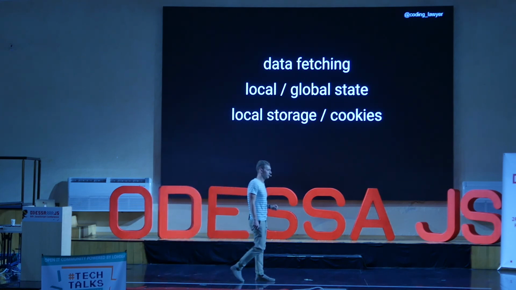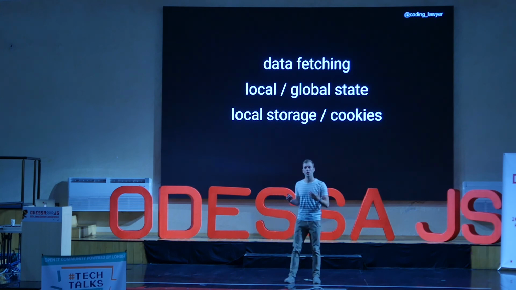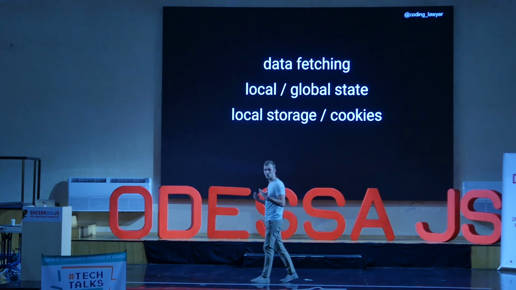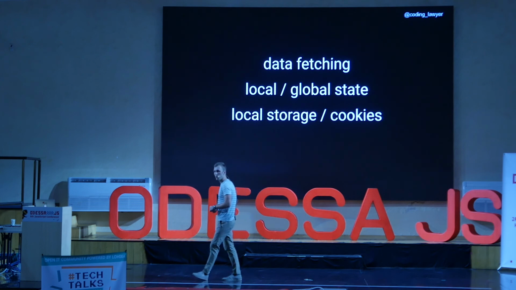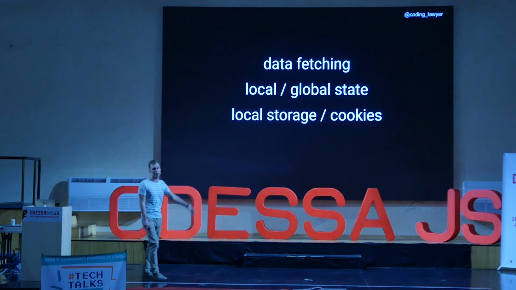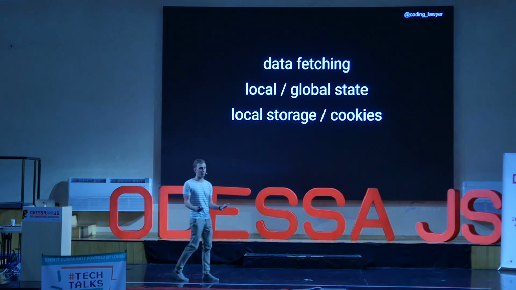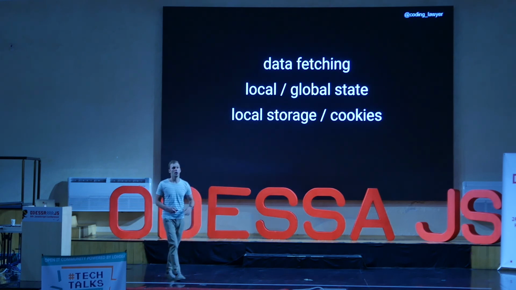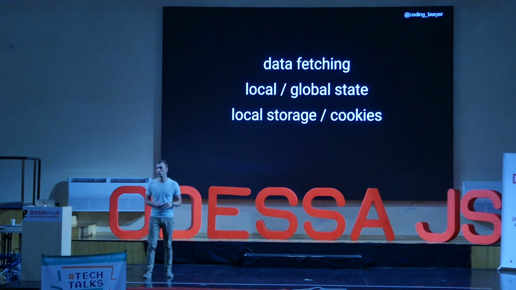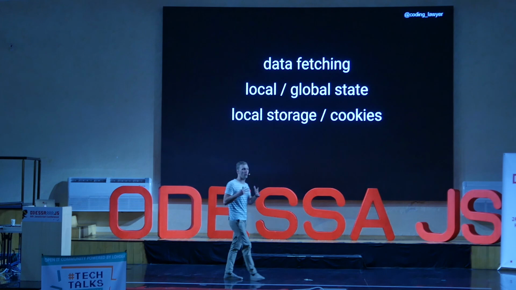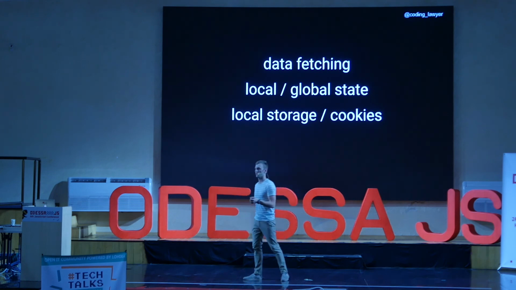Or we've seen examples where we used higher order components to keep local state using withState from Recompose, or to maintain global state using connect from React Redux. And we also abstracted local storage or cookies logic to the higher order component as well. See, you can really store whatever logic you want inside your higher order component.